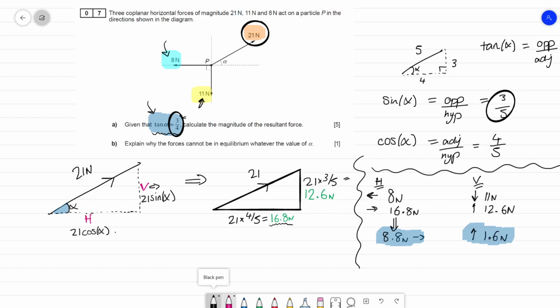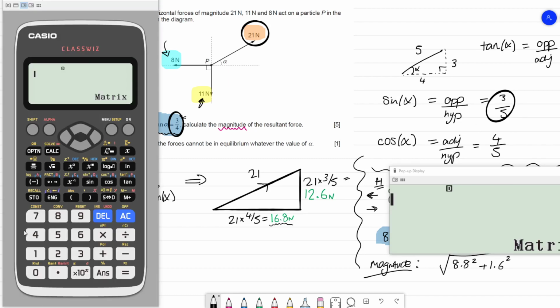I'm not quite done because it does ask about the magnitude of that force. So I'm going to have to put this into Pythagoras, and I'm going to need to work this out properly using a calculator. We're going to get the square root of 8.8 squared plus 1.6 squared.